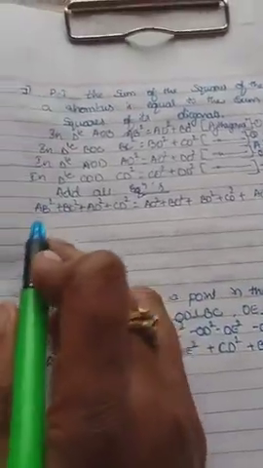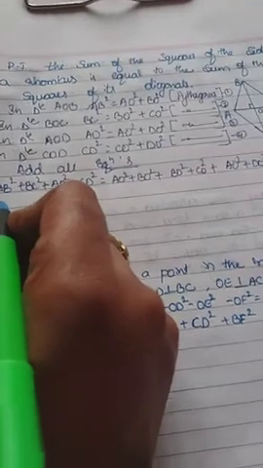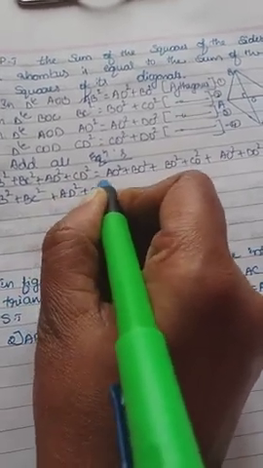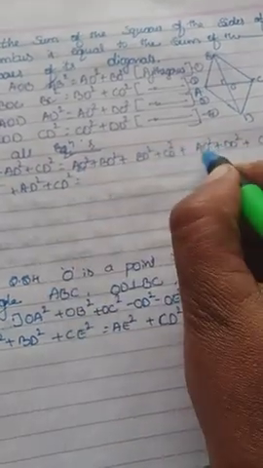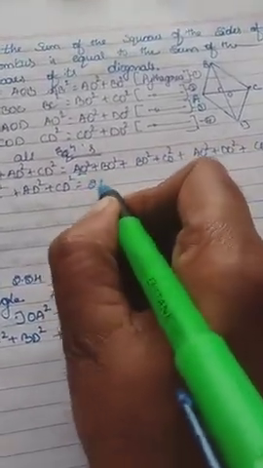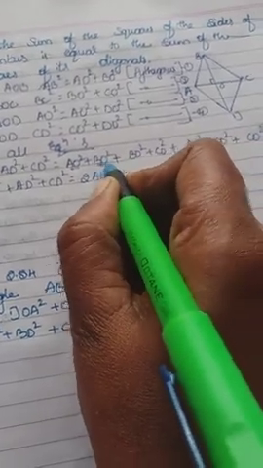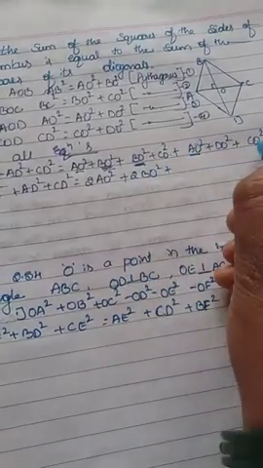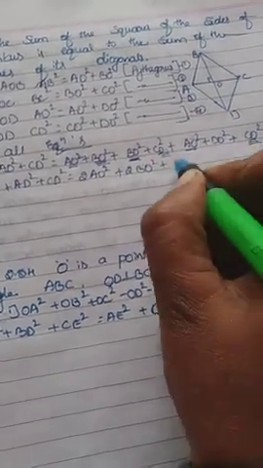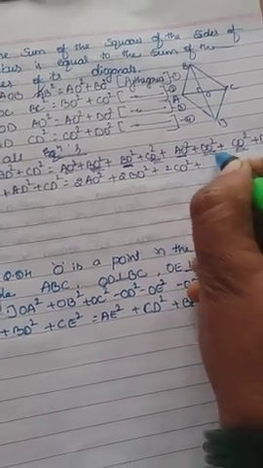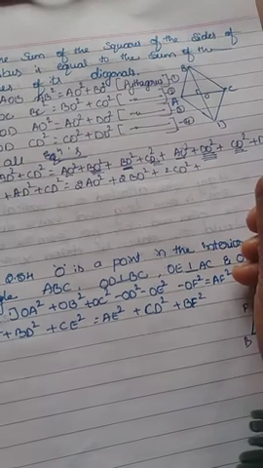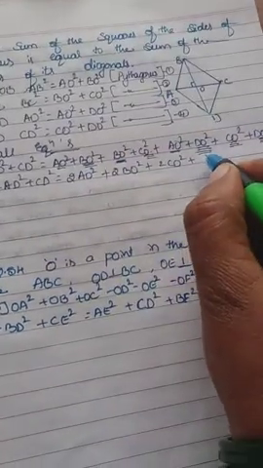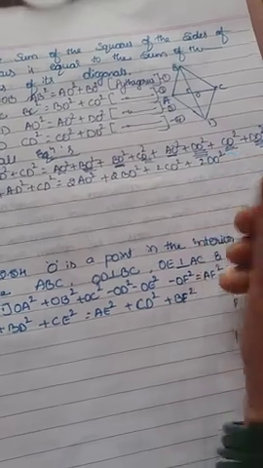Adding, we get 2 AO square, 2 BO square, 2 CO square and 2 DO square.